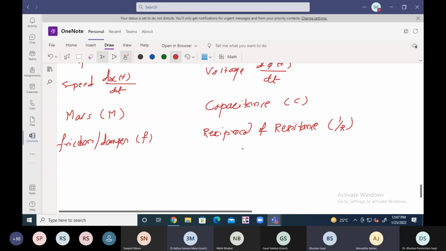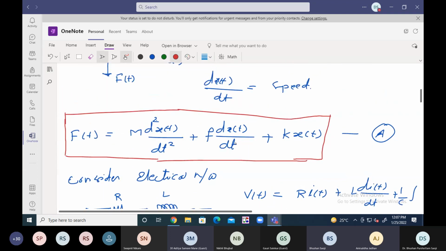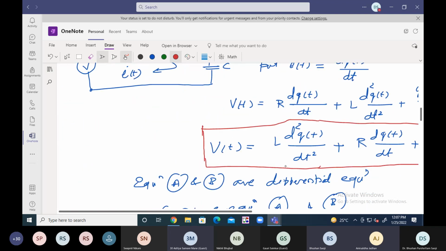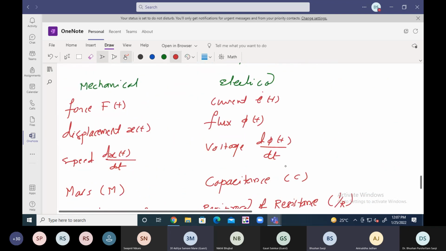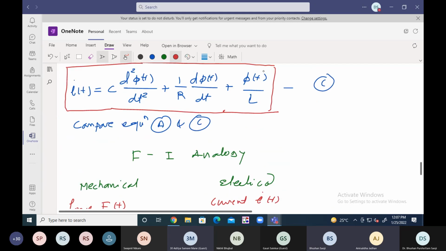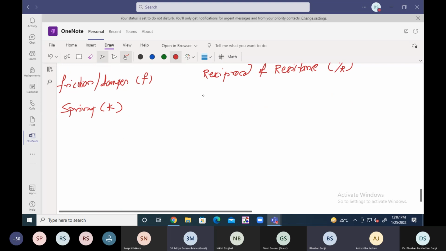It corresponds to the reciprocal of resistance, that is 1 by R. And in equation A the third term is K into x of t. K is nothing but the spring. So we write down here spring, that is K, and in equation C the last term is phi of t divided by L, so that means it is the reciprocal of inductance.